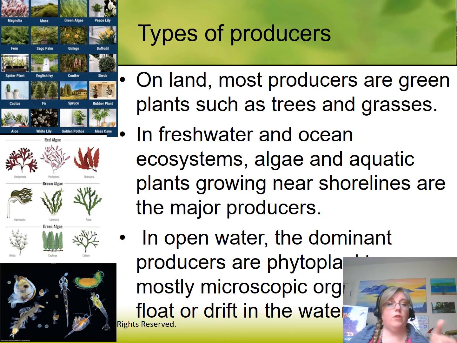They drift or float out in the open ocean. So on land, you have trees and grasses. Near the edges of freshwater or ocean ecosystems, you'll have algae or aquatic plants. And then out in the open ocean, you'll have phytoplankton. But these are all the different types of producers, and all 3 of these will do photosynthesis for us, okay, which in turn gives us our oxygen.